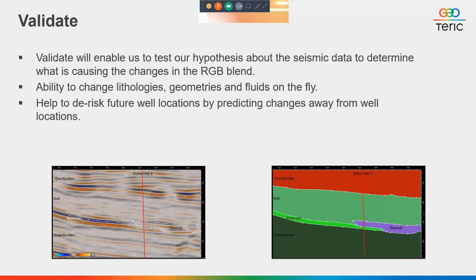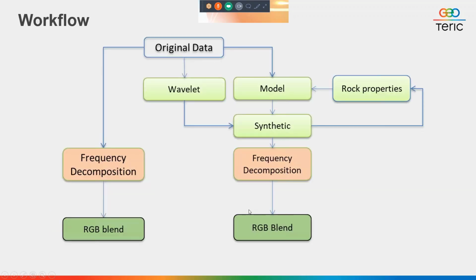But with Validate, we'll be able to test those scenarios. So we will build a model like this with the reservoir thinning out below this channel location here. And we will test several hypotheses for changing properties at the reservoir section under the channel.